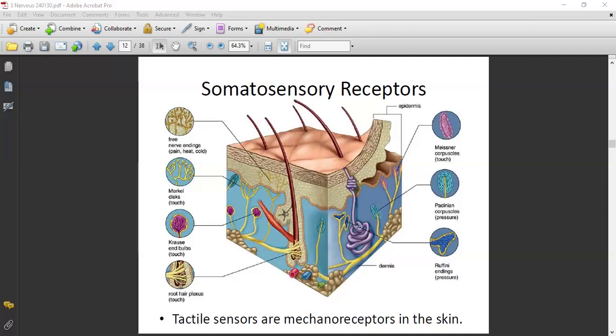You have Ruffini and the Pacinian corpuscle. This one is the most popular one, like a lollipop, right? You also have Meissner's corpuscle, which is also just underneath the epidermis. You have different receptors, so you can sense different types of pressure. If you push deep enough, you excite some.